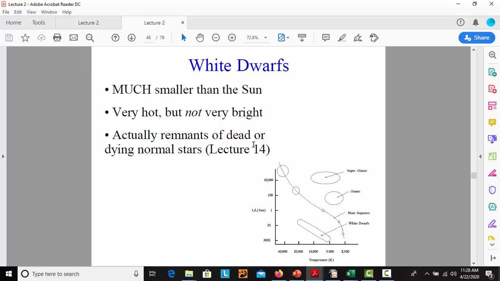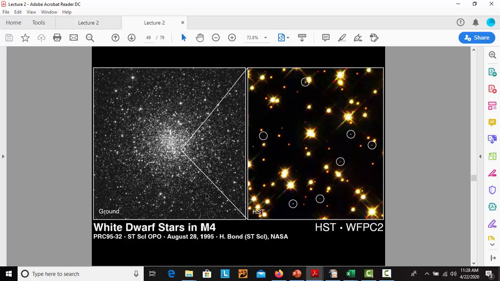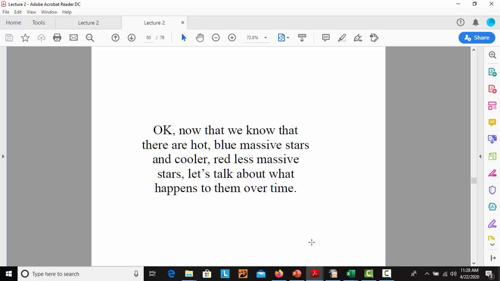They're actually remnants of dead or dying stars. Here we see some white dwarf stars in M4, where the Hubble telescope was able to pick them out.